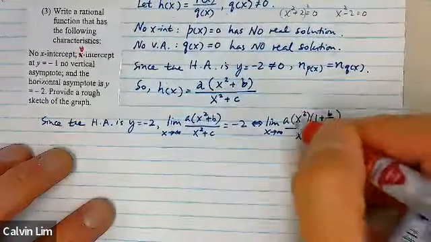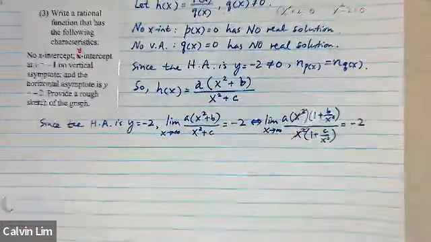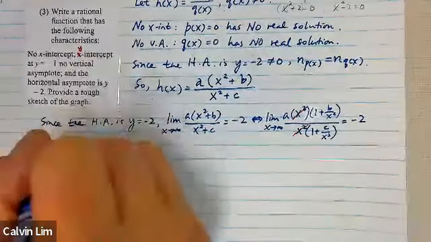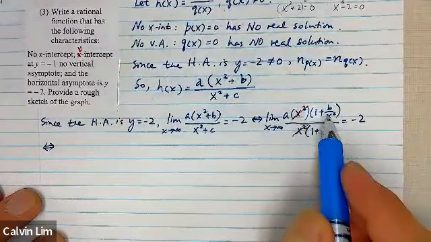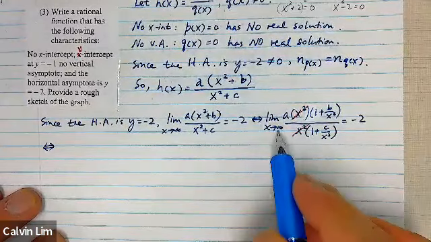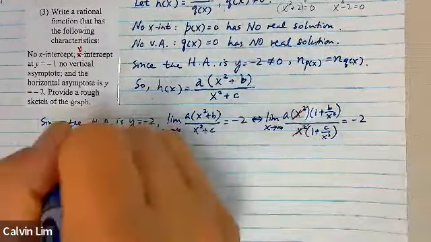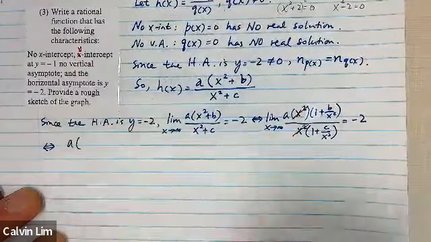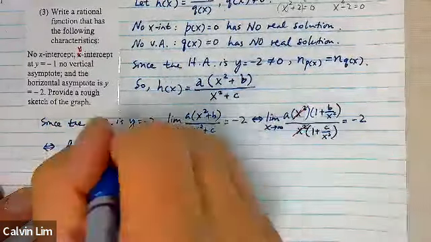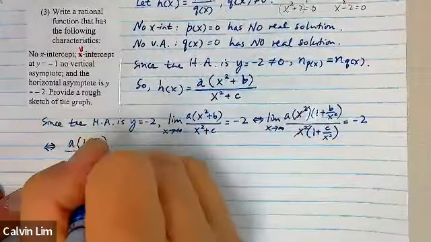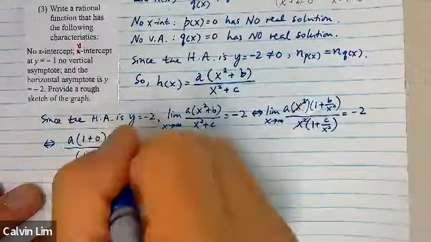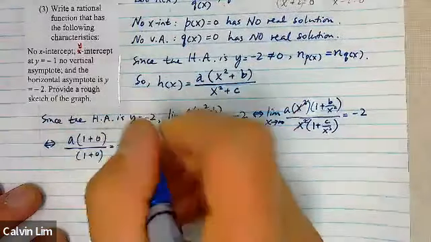So x squared cancels out x squared. So I can do direct substitution, quote unquote. Then you have to drop the limit notation. So the left-hand side becomes a times 1 plus 0 over 1 plus 0, again, in the denominator, equals -2.